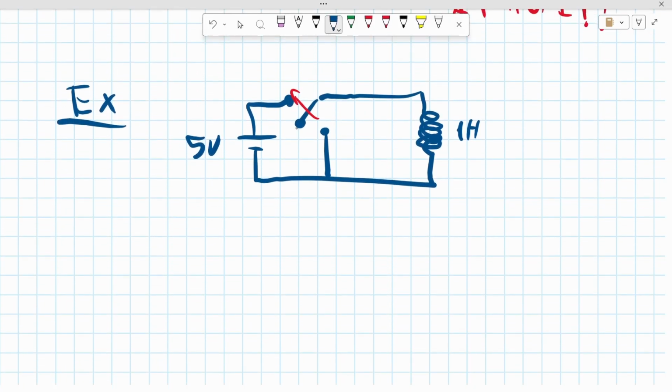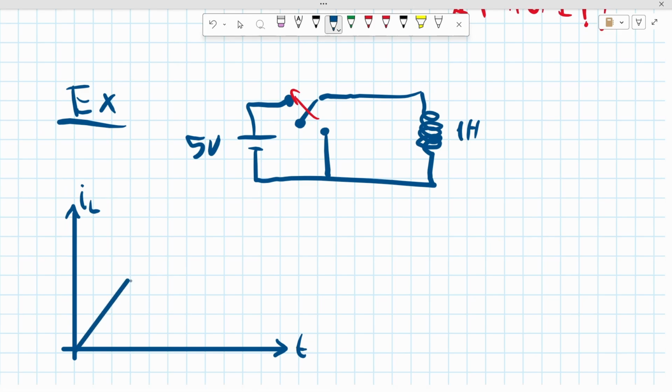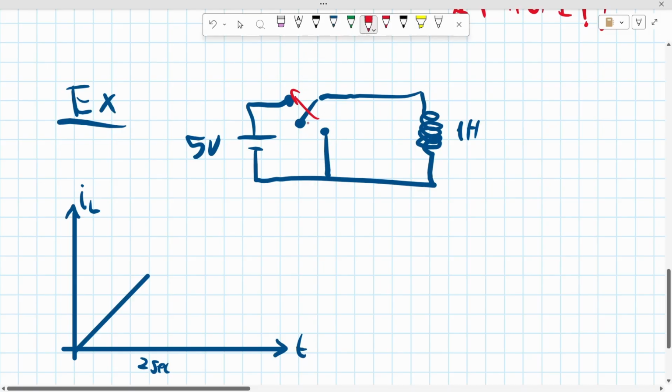When we switch it like this, we are going to have a circuit like the previous one, and the current will be increasing just as in the previous example, like this, right? For, let's say, 1, 2, so there it is, 2 seconds. Let's say we kept it 2 seconds right here, and we switched it again to this side.